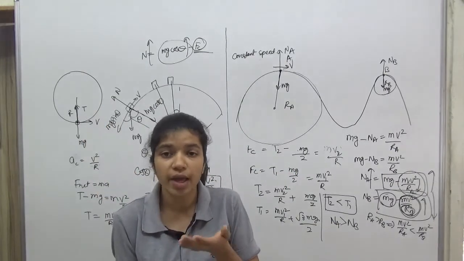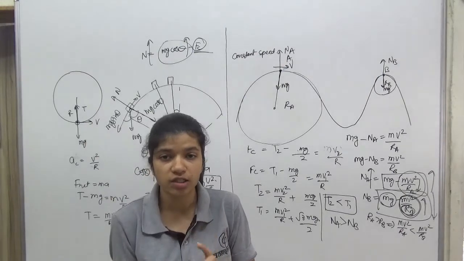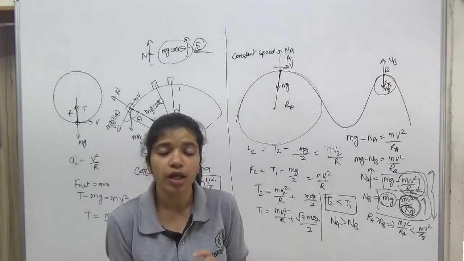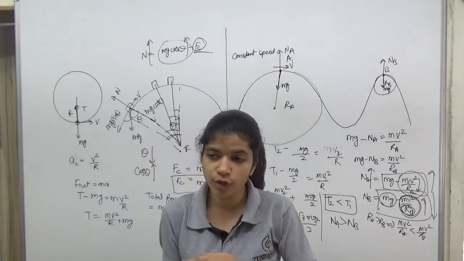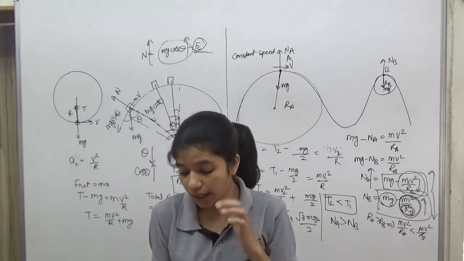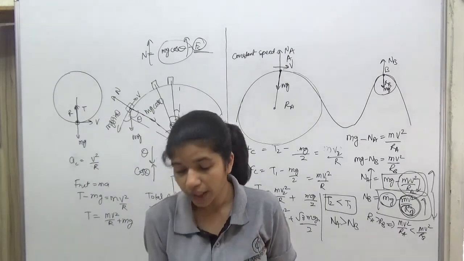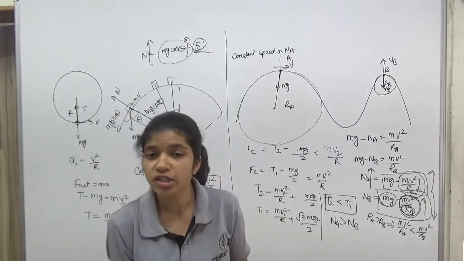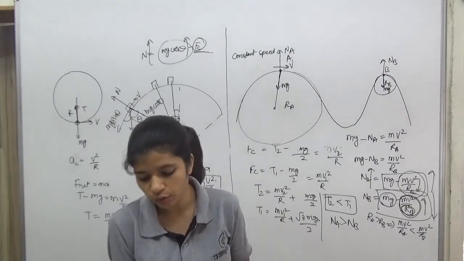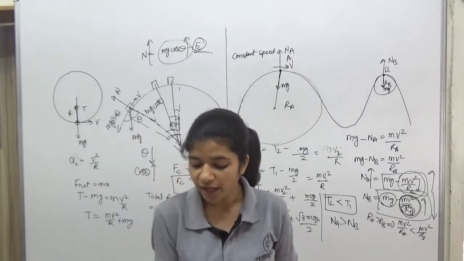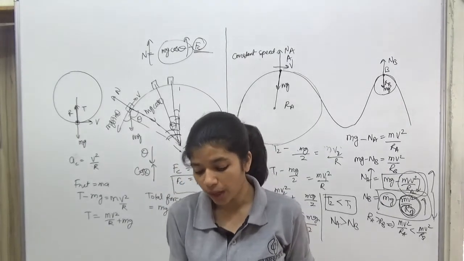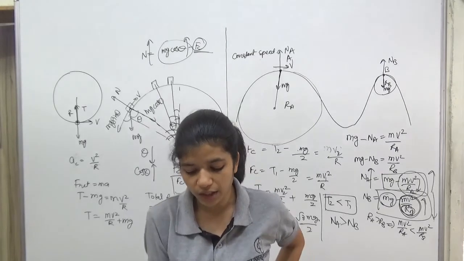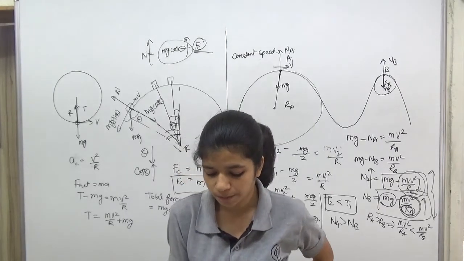So tension is maximum at the bottommost position. Clear? When you go up, slowly the tension will start decreasing. So the wire is most likely to break when the mass is at the lowest point of the circle. So second option will be the correct answer.